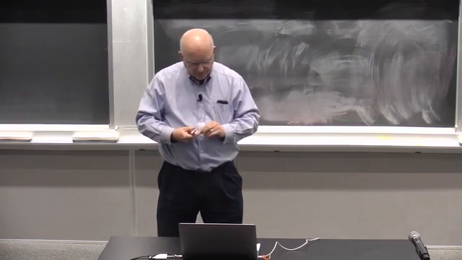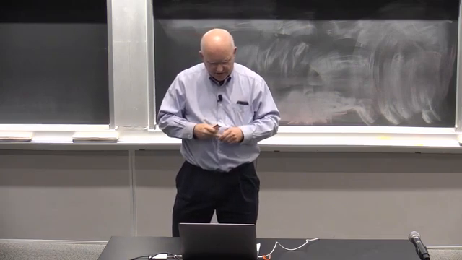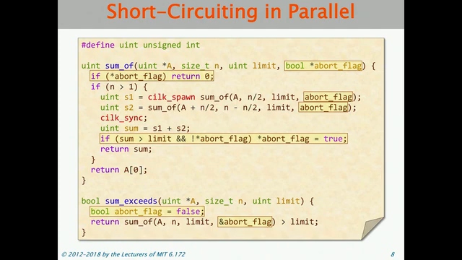And then in checking to see if it exceeds the limit, we basically call this function, we set the abort flag to false, and then we return the sum of all the values, and if it aborts, then it just returns early.